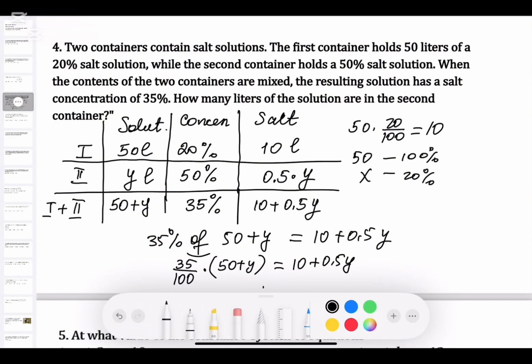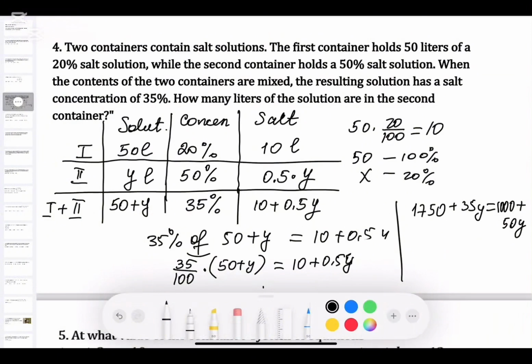So let's see, it's going to be 35 times 50, 1750 plus 35y equals 100 times 10, 1,000. Oops, so what do we have here? Plus 100 times 0.5y would be 50y. And that's it.